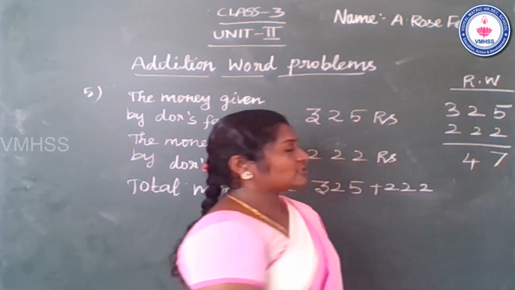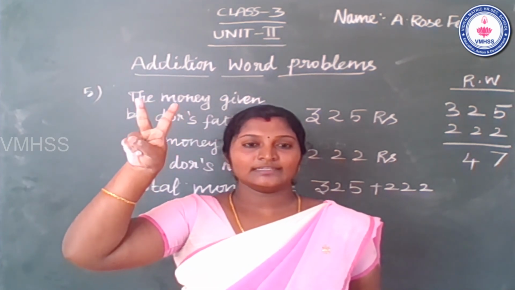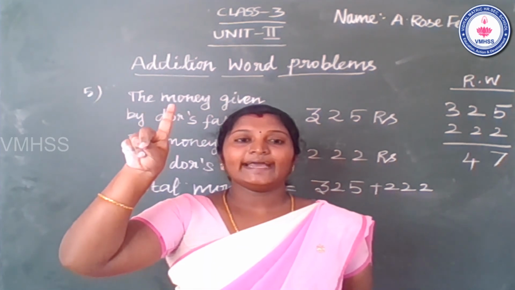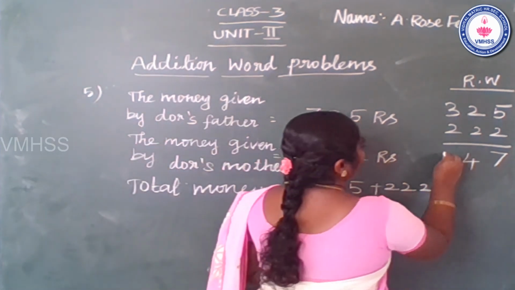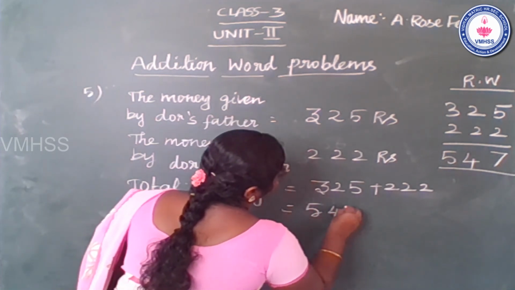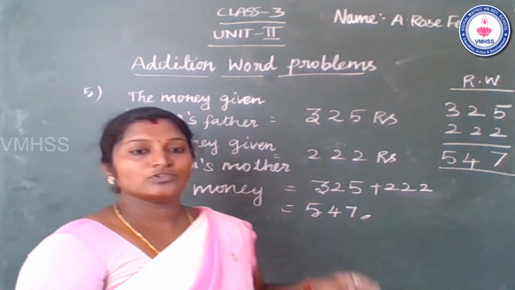Then 3 plus 2: keep 3 in the mind, take two fingers, after 3, 4 and 5. So now we get the answer 547.